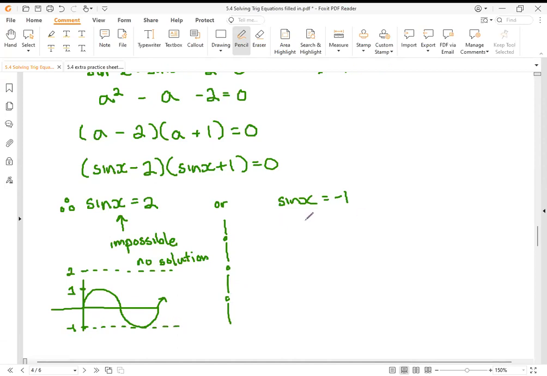So an x would be there. No other possibilities. I don't have to worry about CAST rule. So what is the answer to this solution? Well, therefore, x equals 3 pi over 2.